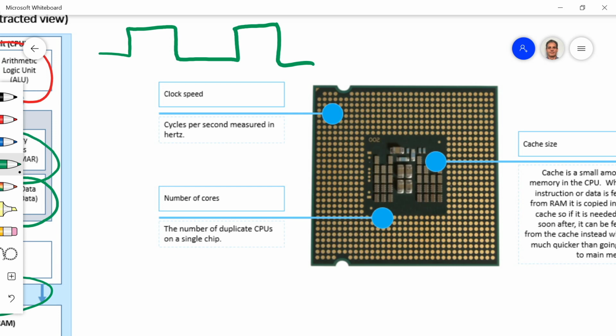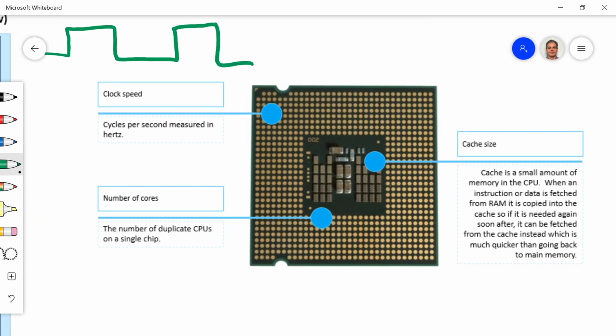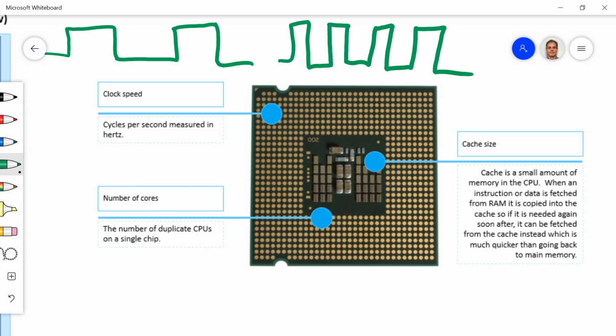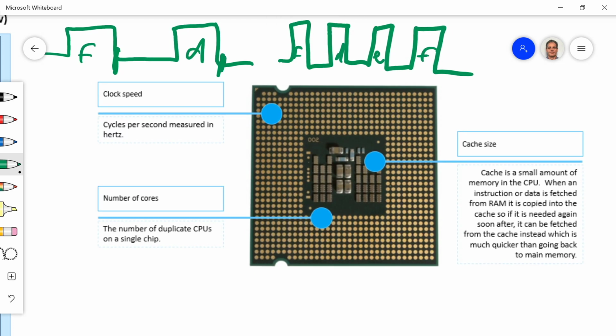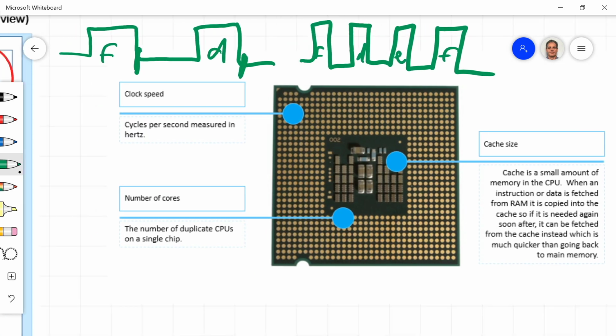If in the same period of time we have lots of clock pulses, and if we think each one of these is perhaps a fetch, a decode, etc., here we're getting through them a lot quicker than we are with a lower clock speed. It's measured in hertz, and that tells us how many times the clock pulse will repeat itself in 1 second. So how many times it will perhaps go from here to here in 1 second.